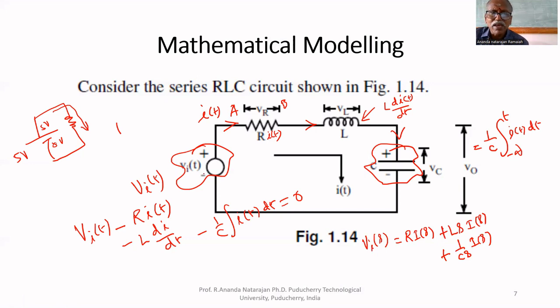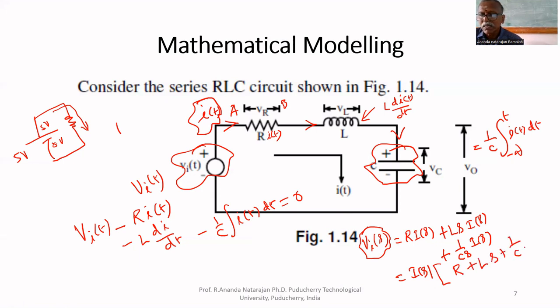We are interested in I of t, which means I of t is the output. We are interested in the current through the circuit. Therefore, input is the applied voltage Vi of S. If you bring the I of S outside, you will get I of S times R plus Ls plus 1 by Cs.